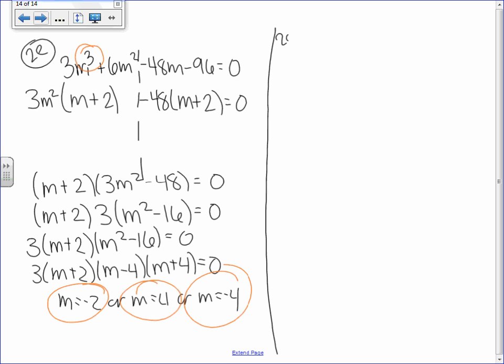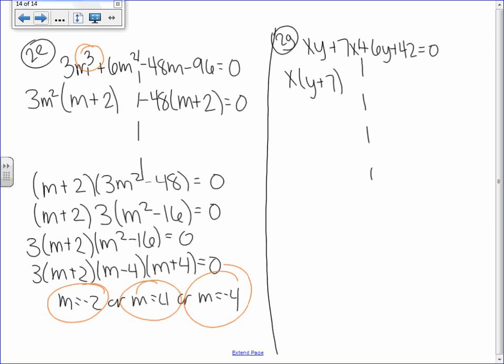And you also had to do 2g, and they give us xy plus 7x plus 6y plus 42 is equal to 0. Draw my line. On the left, I have a GCF of x, and I'm left with y plus 7.